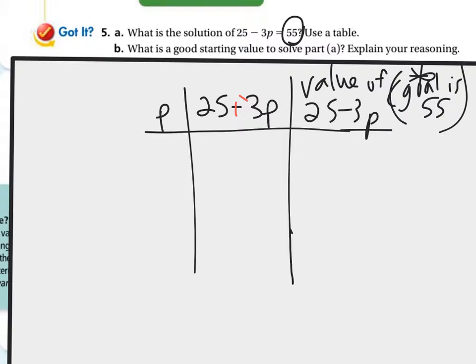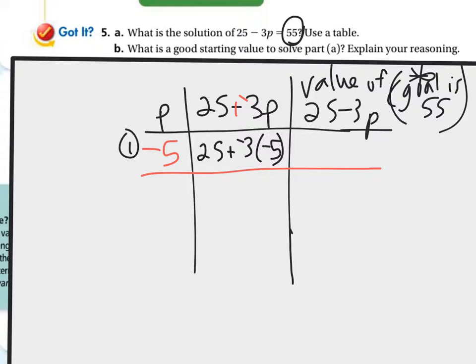So we're going to try randomly picking here. We're going to try -5 and see what comes out of that. When you're doing this, you probably want to do your work out to the side. If you want to make this a little bit neater, you can label that number 1 and then make this number 1 off to the side here.